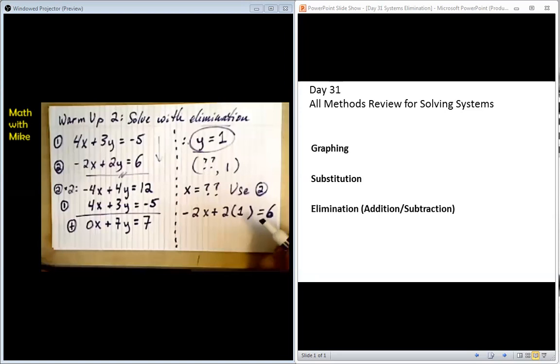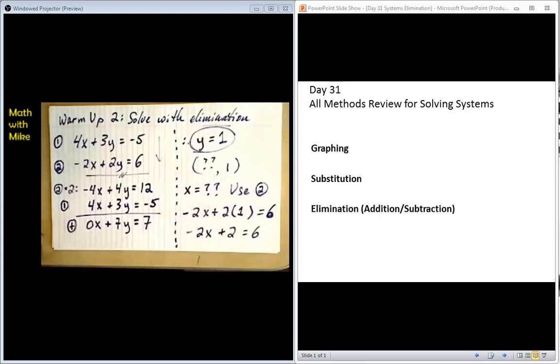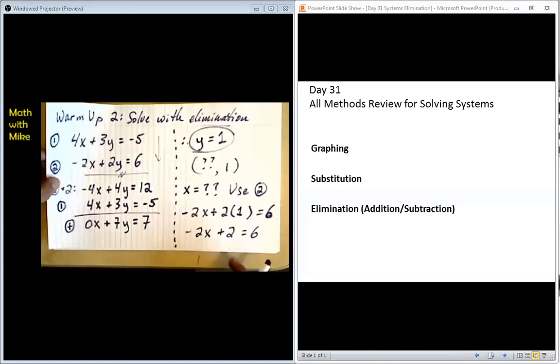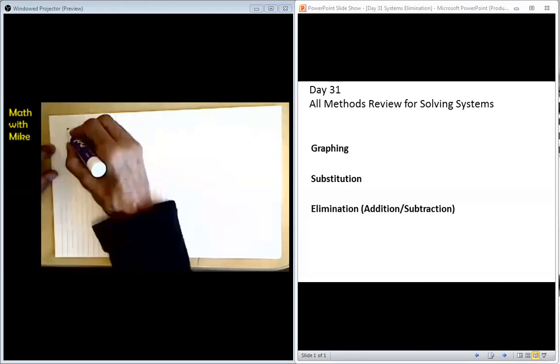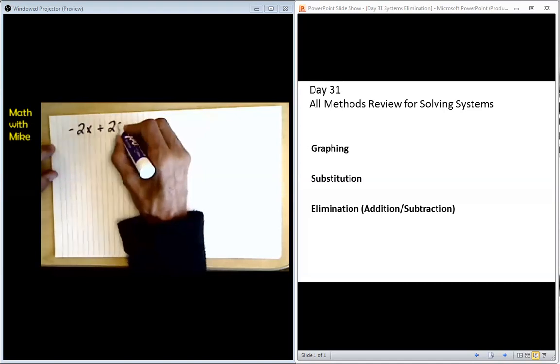Okay, so what happens next then? Well, minus 2x, what's this? Plus 2, what's that? Equals 6, like that. So I'm going to switch to the other page with this little equation here. You get minus 2x plus 2 is equal to 6.